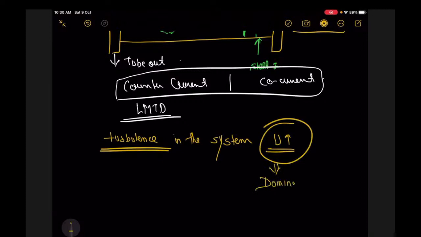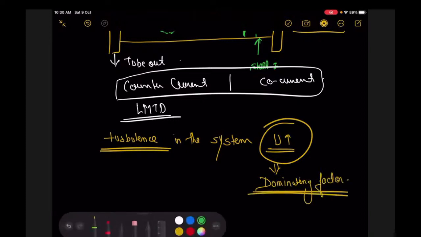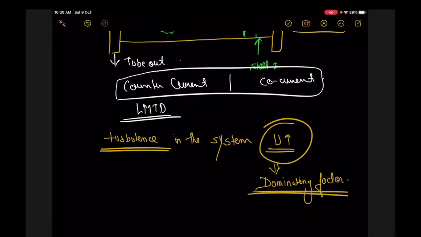As this is the dominating factor, what will happen? This will be given more preference. That is why we will move towards a multipass heat exchanger rather than a one shell and tube heat exchanger.